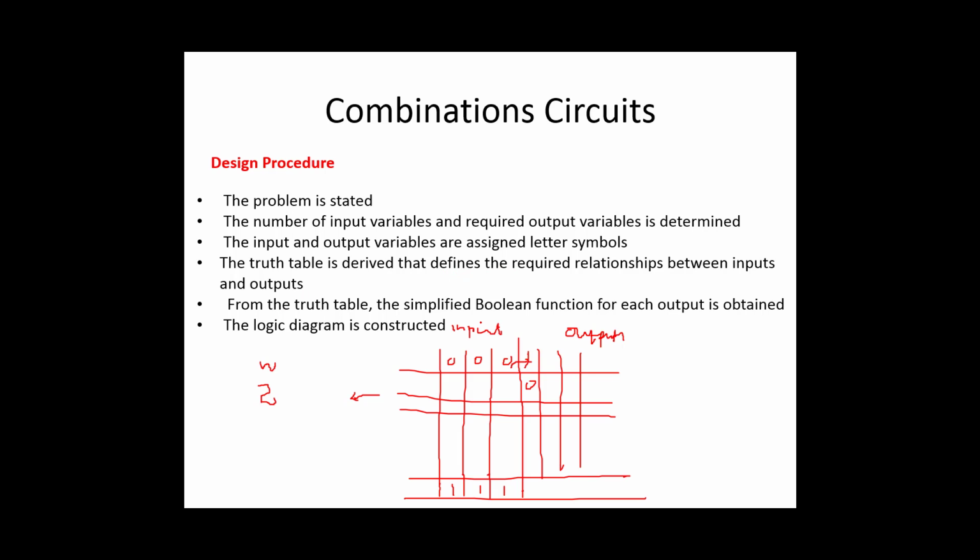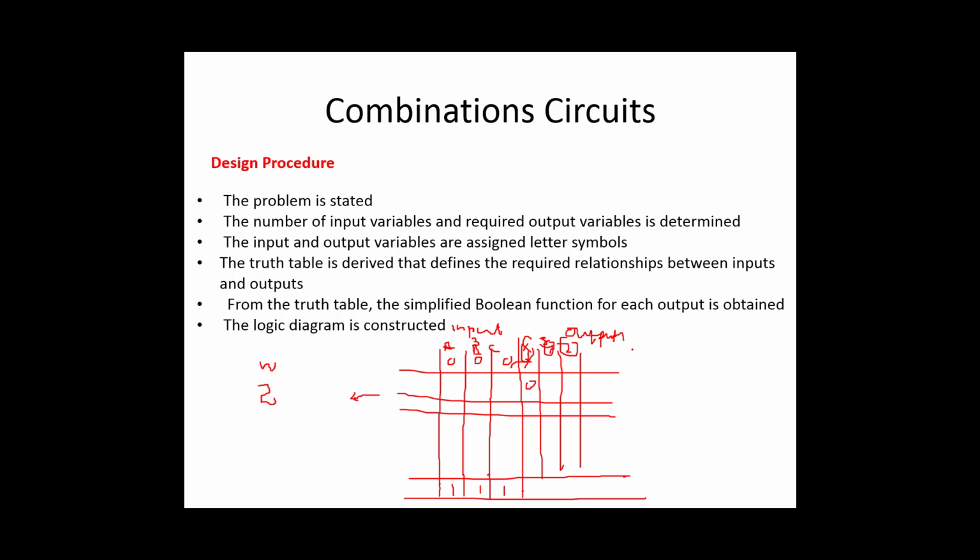From the truth table, the simplified Boolean expression for each output column is obtained. For example, here if we have 3 input variables and 3 output variables x, y, z, and the inputs are a, b, c, there would be 3 Boolean expressions for this circuit, one for x, one for y, and one for z, and each Boolean expression would be a function of variables a, b, and c.